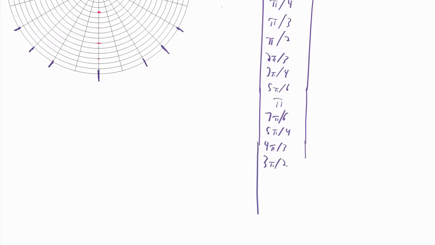And then I'm going to keep going one more quadrant. So this is 5 pi over 3. Then 7 pi over 4, then 11 pi over 6, and then 2 pi.